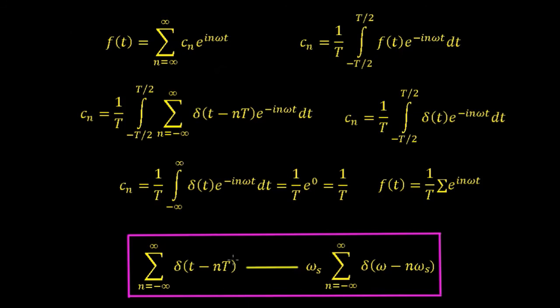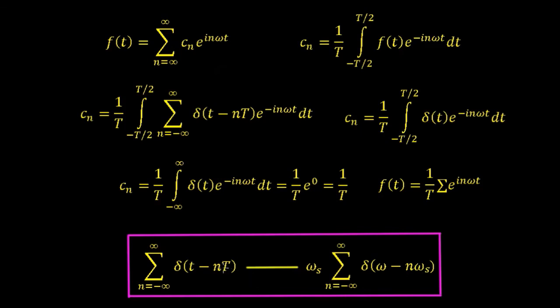So an impulse train in the time domain gives us an impulse train in the frequency domain. The thing to note here is that the distance between each of the impulses in the time domain is given by this nT, and the distance between the impulses in the frequency domain is given by this n omega_s, where omega_s is 2 pi upon T. So there's an inverse relationship between the spacing of the impulses in the frequency domain and the time domain.